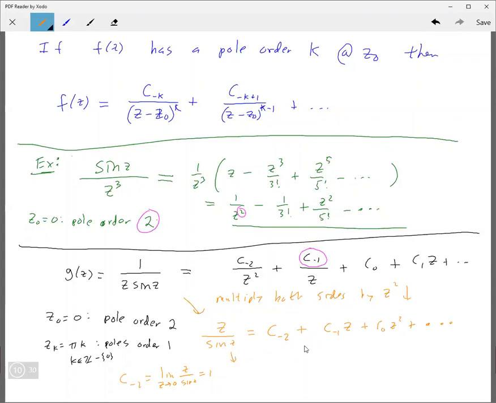What operation can you do to both sides of this equation that will help you find this one? Derivative? Yes, derivative. Over here, this goes away, and this just becomes c minus 1. But what's the derivative of that?